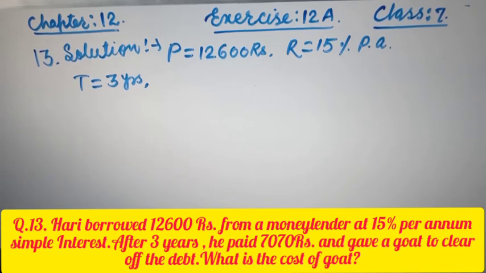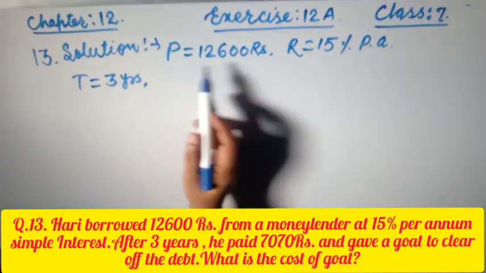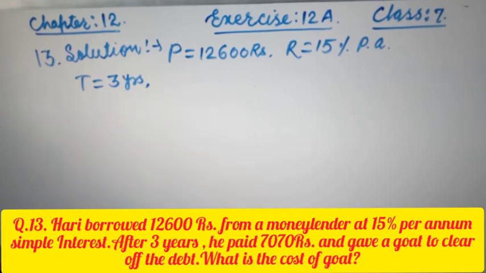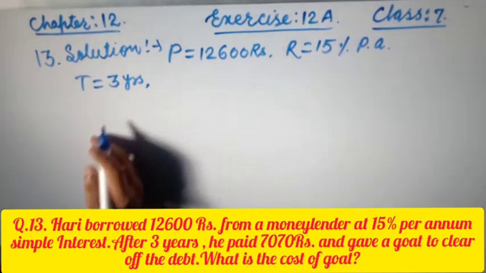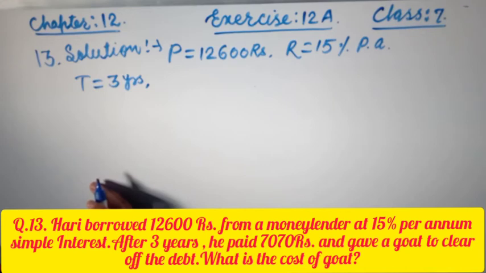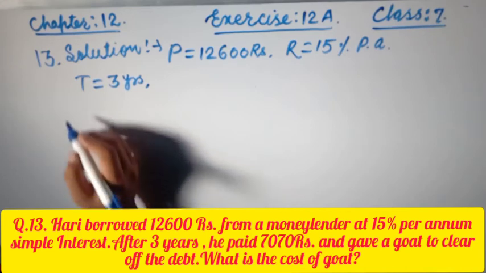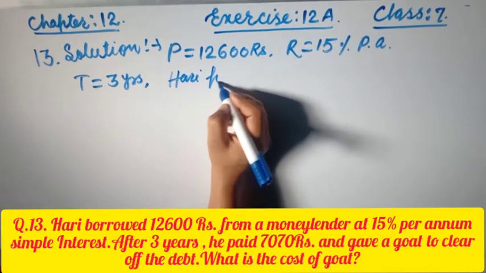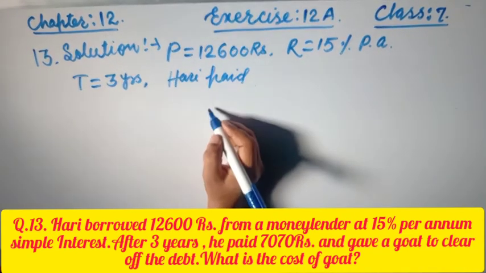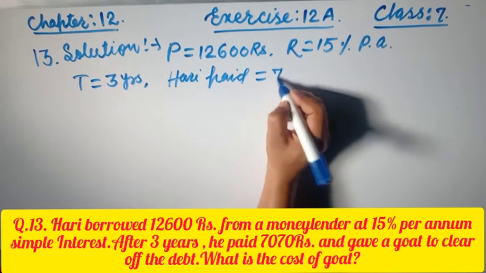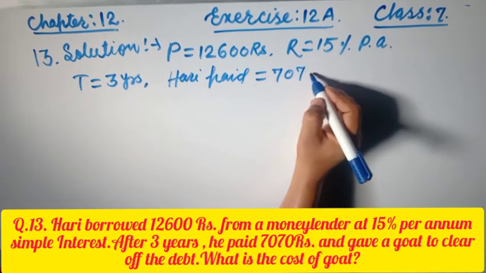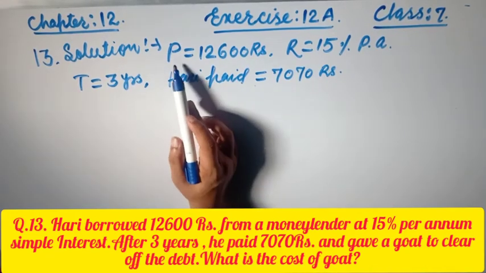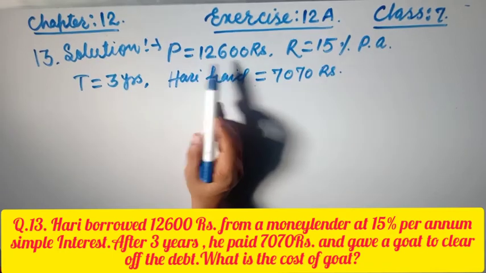Now see, this is friends, P is given, R is given and T is given. Okay, here, and the sum money is paid. Hari paid 7,070 rupees. But this is a very small amount friends, because have a look, Hari borrowed 12,600 rupees.